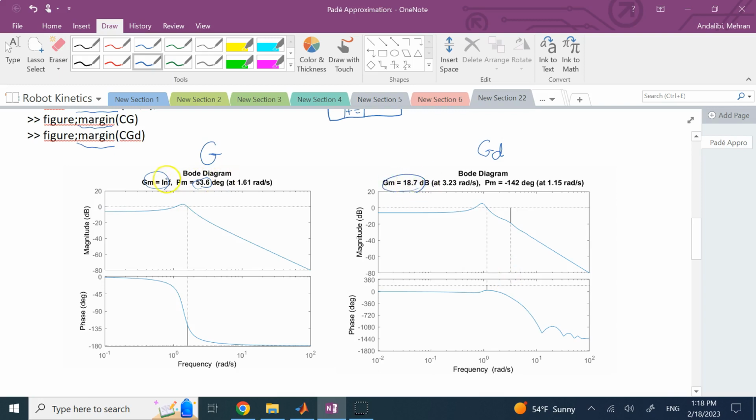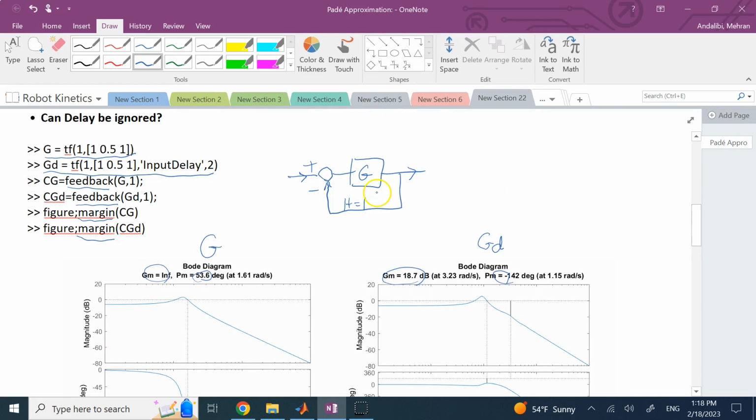Of course, it's reduced from infinite to 18 decibels now, but your phase margin is negative. And negative means the system is unstable. So you see, I did the same control design, very, very simple, unity feedback, and one system was stable, the other one was not. So delay is not something you can ignore, okay?